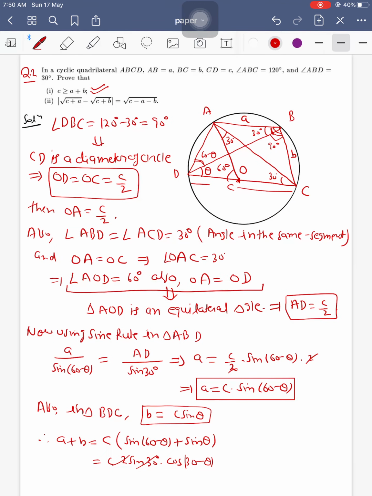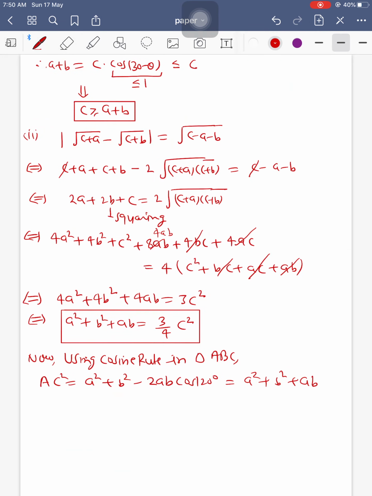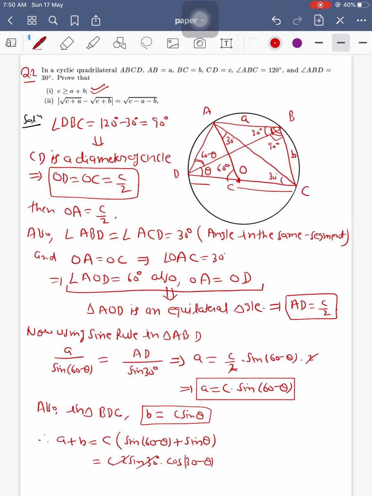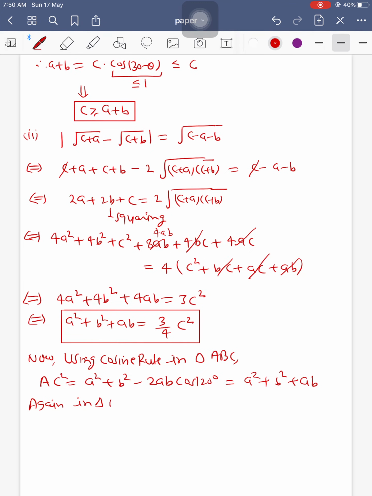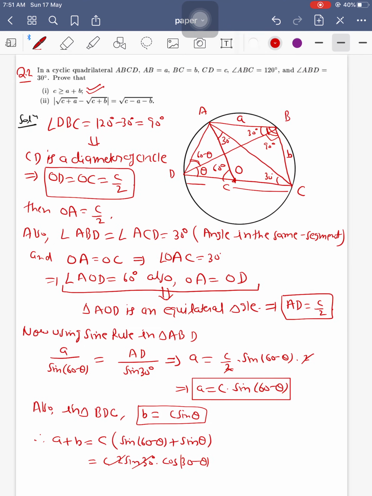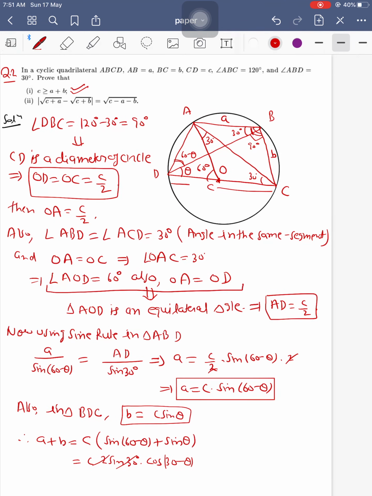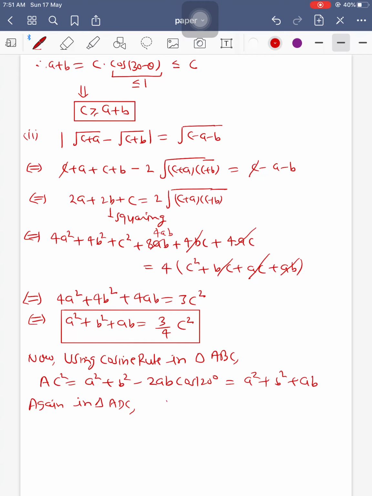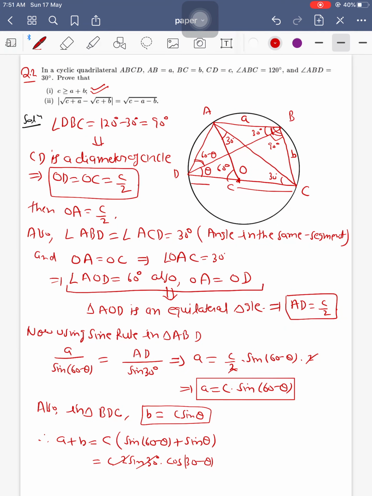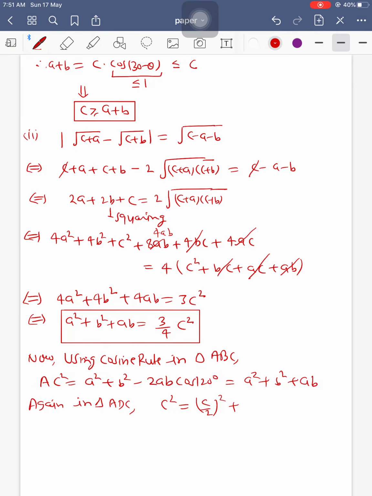Again, in triangle ADC, using Pythagoras theorem, we can write C square equals to C by 2 whole square, since AD is C by 2, plus AC square.